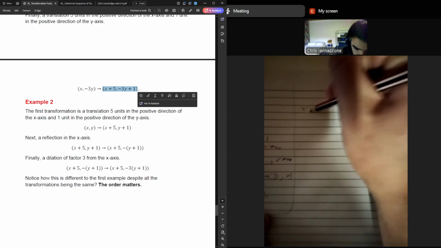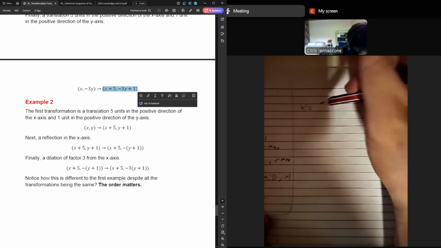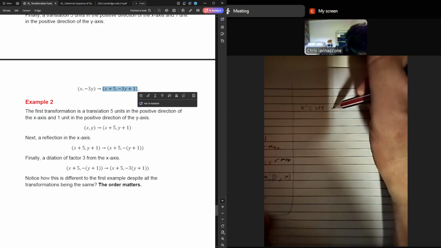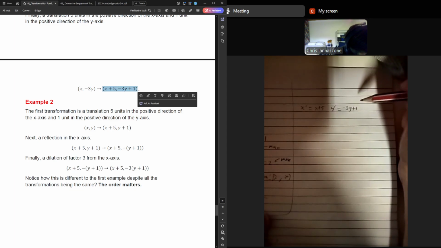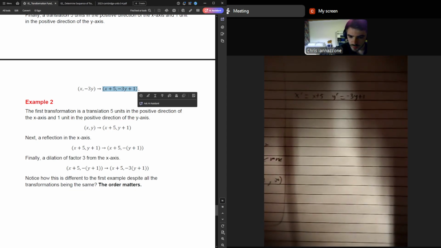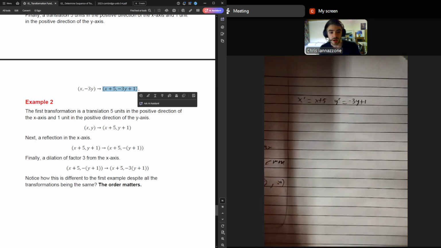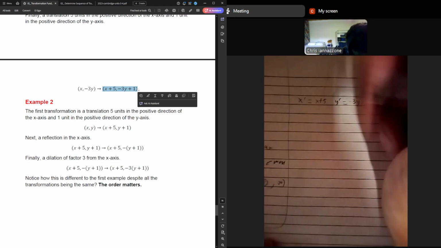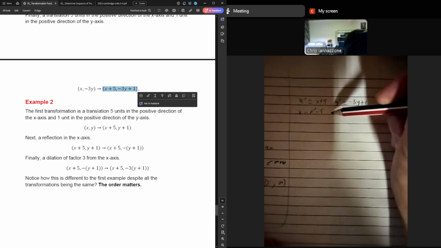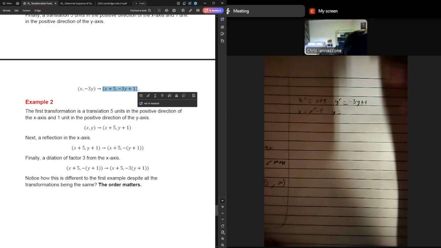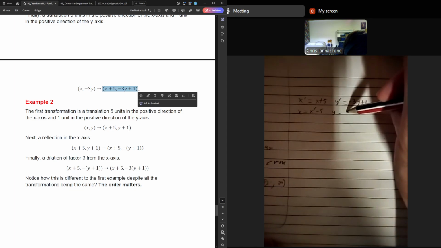So that gives you x dash is equal to x plus 5, and y dash is equal to negative 3y plus 1. All we're doing there is rearranging to get x and y back on their own. Nice and simple. X equals x dash minus 5, y equals, probably should do that in 2 steps actually.